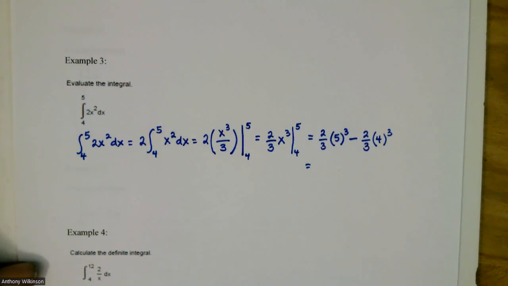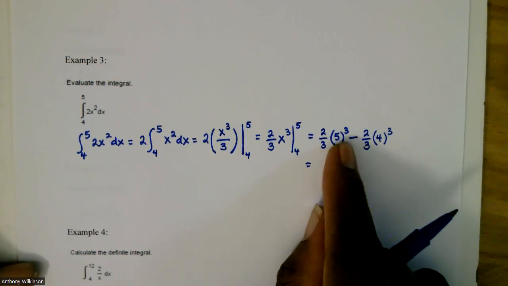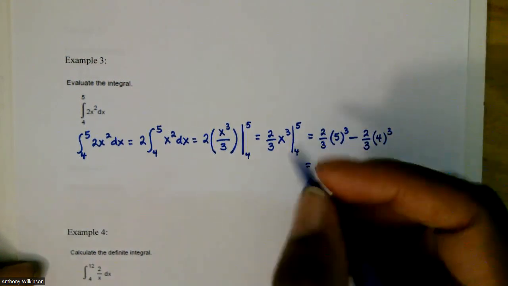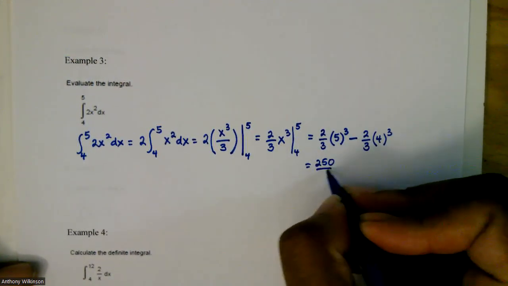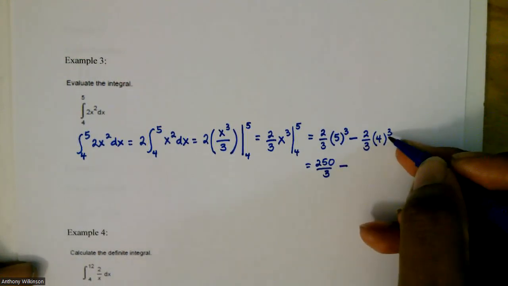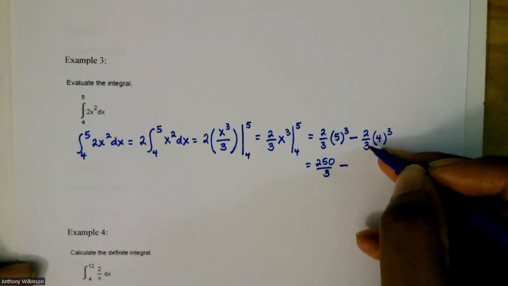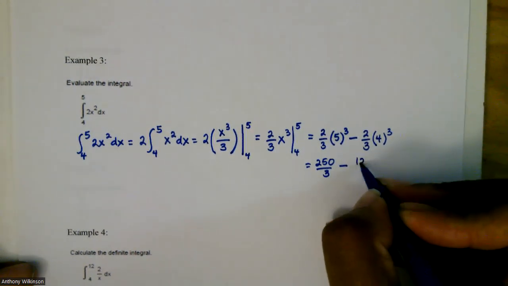Now, if I simplify this, that 5 cubed, that's 5 times 5 times 5, that's 125. 125 times the 2/3 would be 250 over 3. And then minus 4 cubed is 4 times 4 times 4, that's 64. 64 times 2/3 would be 128 over 3.